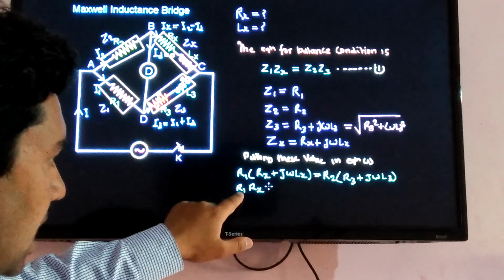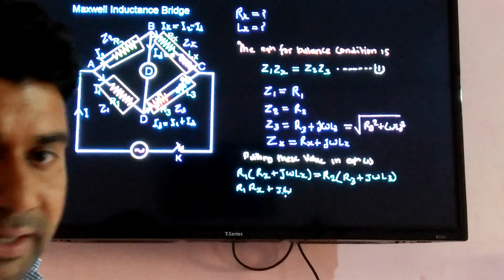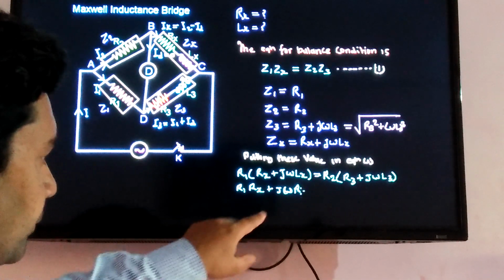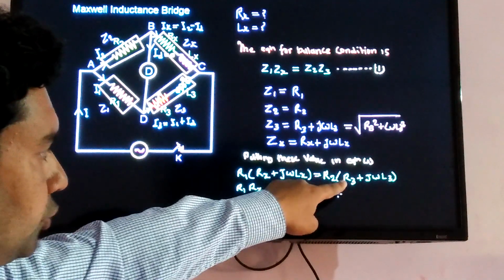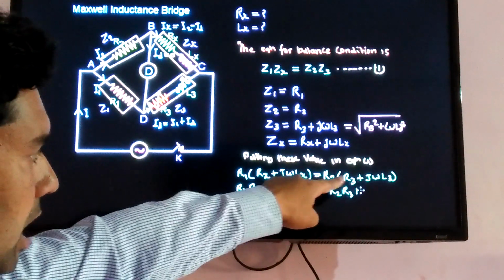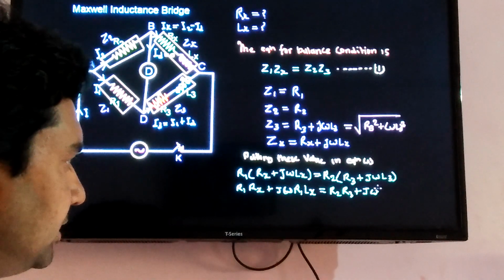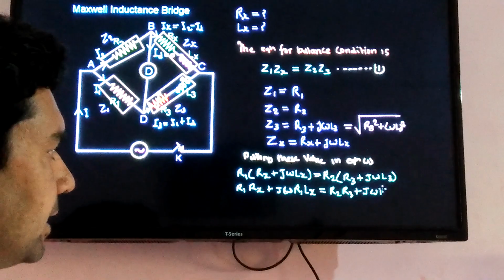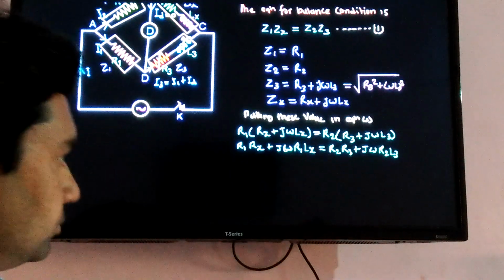So it becomes R1 into Rx plus j omega Lx R1 is equal to R2 into R3 plus j omega L3 into R2.